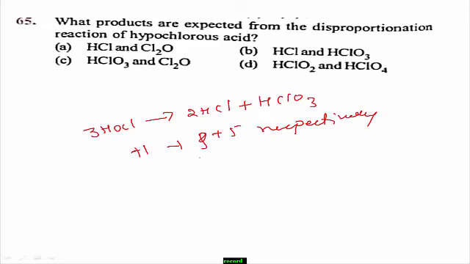Remember, students, the oxidation number of Cl in HOCl, HCl and HClO3 is +1, -1 and +5 respectively. Therefore, chlorine is simultaneously oxidized and reduced in this particular reaction. The products of the reaction are HCl and HClO3. So, option B, HCl and HClO3, is the right answer.